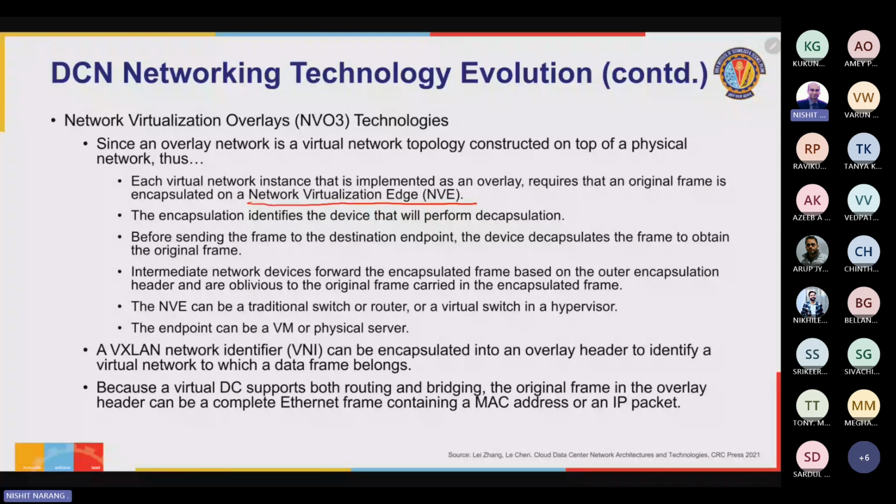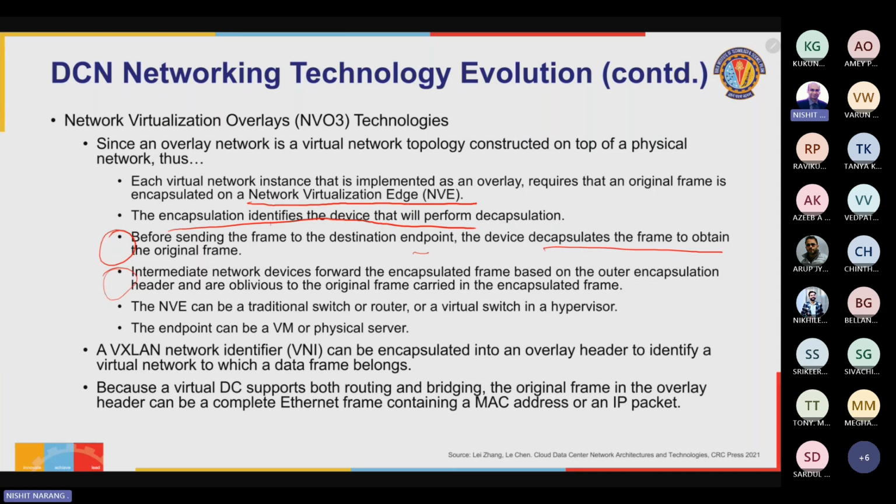Before sending the frame to the destination endpoint, it will decapsulate the frame, and at the sending end, it encapsulates the data before sending it. So intermediate underlay network devices can just forward the encapsulated frame by looking at the outer encapsulation header.